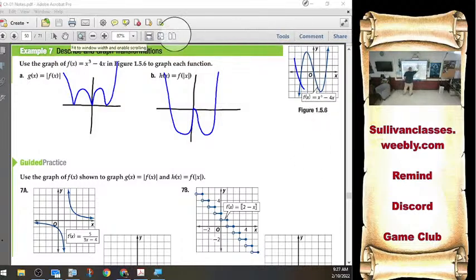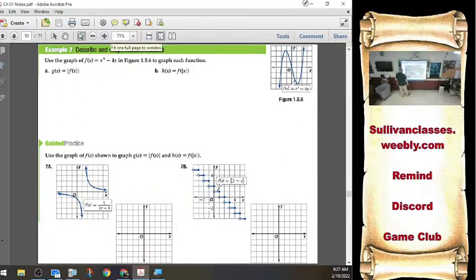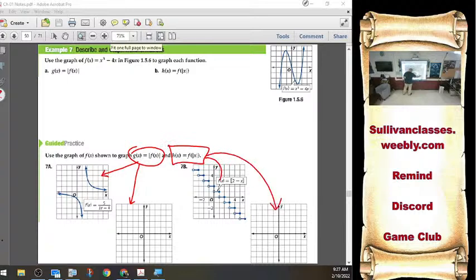Instead of trying to do both, since there wasn't enough graph space, I would like you to do this for this guy, and I'd like you to do that for this guy here. That way you don't have to double dip on the graphs.